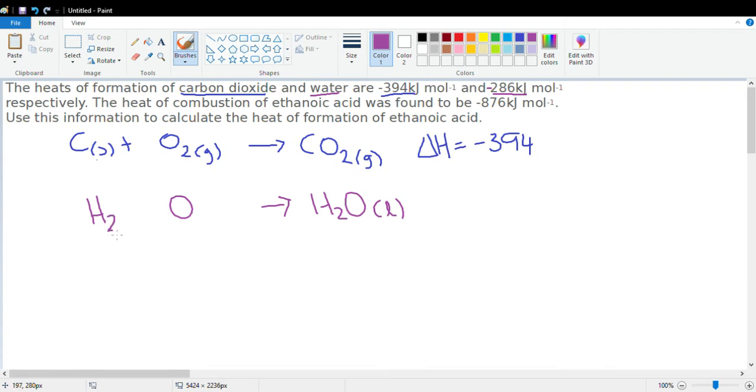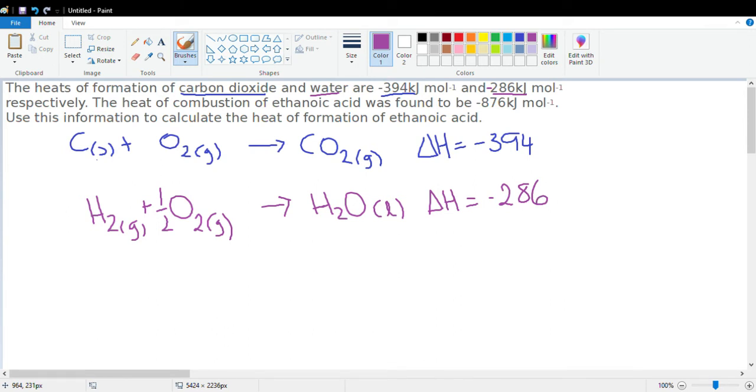Both of those are going to exist as diatomic gases. So they'll be H2 and O2 gas. And then to balance our equation, we have to have 1 mole of water being produced. That's what heat of formation is. So to balance it out, we're going to have to put a half in front of the oxygen here. And the delta H value is minus 286 there.